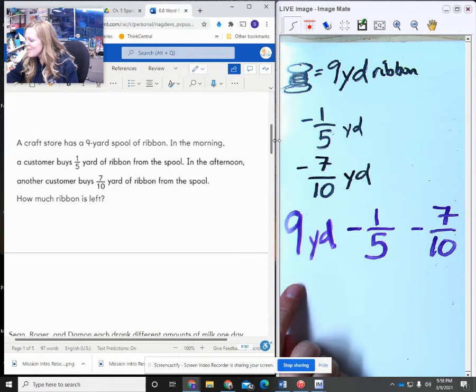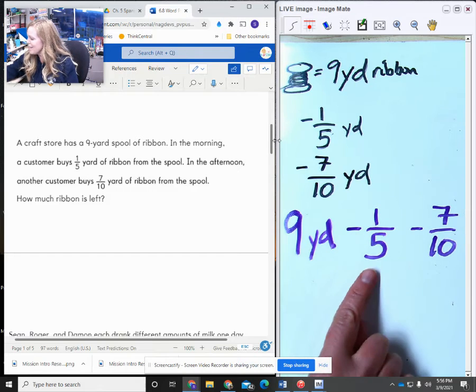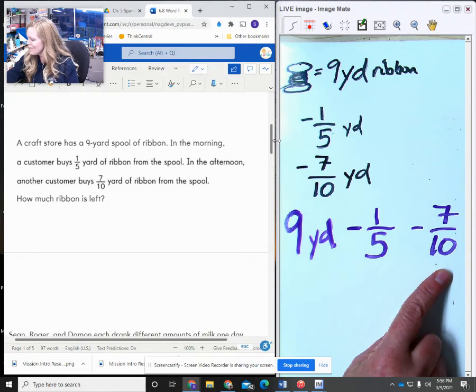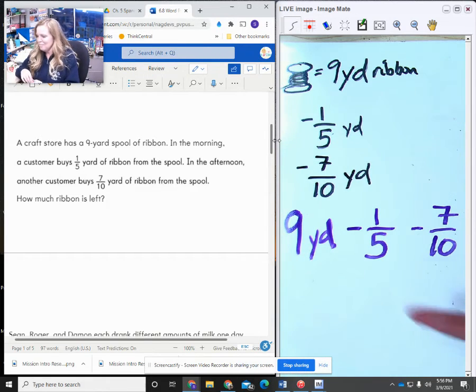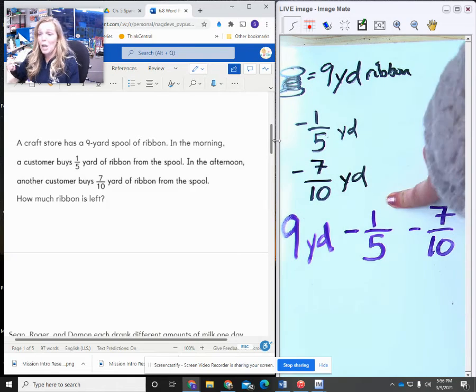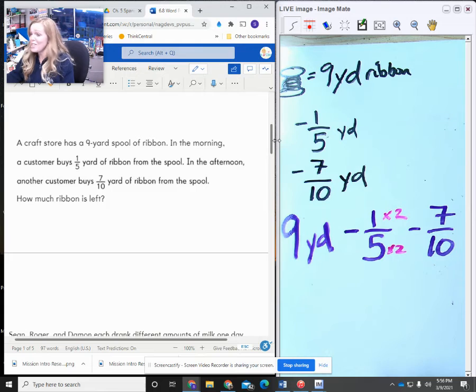So what I need to do is first, I need to make this into a fraction. Wouldn't you say? Yes. Okay. So I also need to make these equivalent. What should I do to this bottom unit here? You should multiply that by 2 and then multiply that by 2, so it would be 2/10, because I'm making an equivalent fraction, right, Gemma?